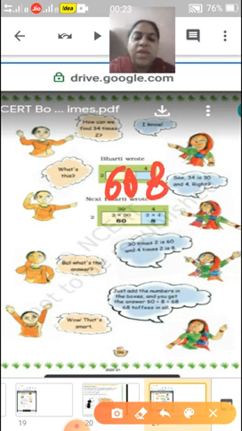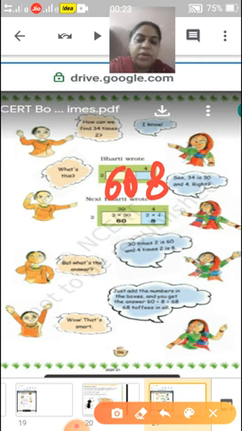So that means 2 into 30 is 60, 2 into 4 is 8. That means 60 plus 8 means 68.